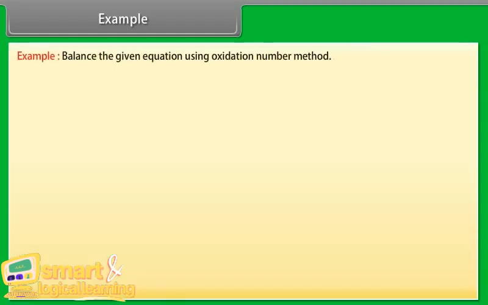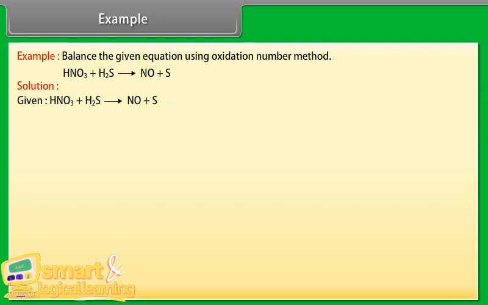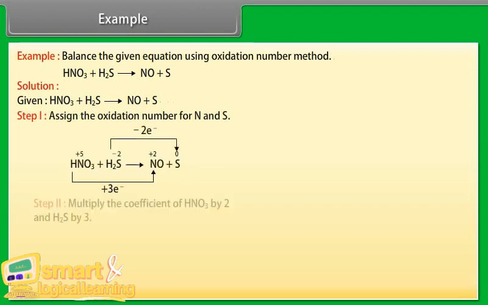Example. Let us take an example of balancing equations. Balance the given equation using the oxidation number method. Let's see the solution. Here, the given equation is HNO3 plus H2S gives NO plus S. Step 1. Firstly, we assign the oxidation numbers of N and S. Step 2.